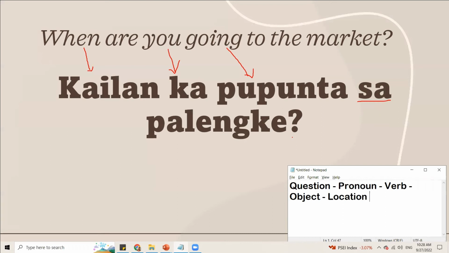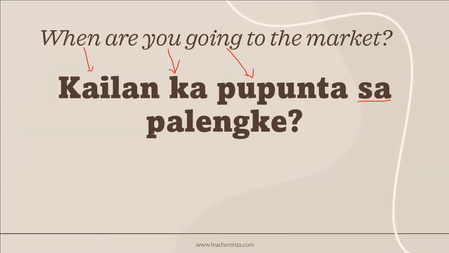So here, sa palengke, and then if we have a time. So for example, yeah, there's a time marker, so we put it at the end. And so, kailan ka pupunta sa palengke? When are you going to the market?